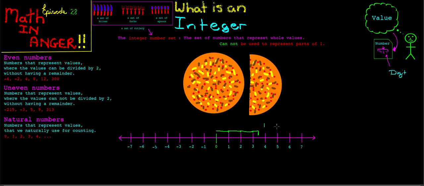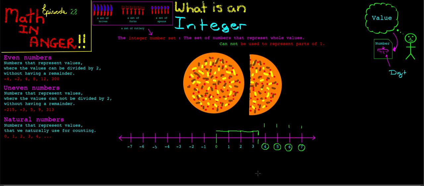All of these numbers are representing whole values. These numbers are integers. Anything in between is not an integer.